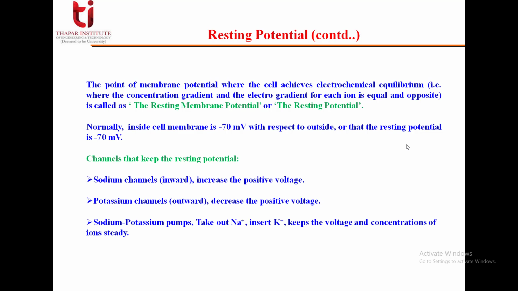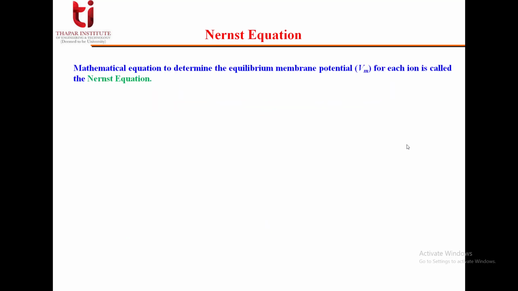Then we have the sodium potassium pump, which takes out the excess sodium that moved inwards, or inserts potassium that moved outward, so that it can keep the voltage and concentration of ions steady, at resting potential without any input.